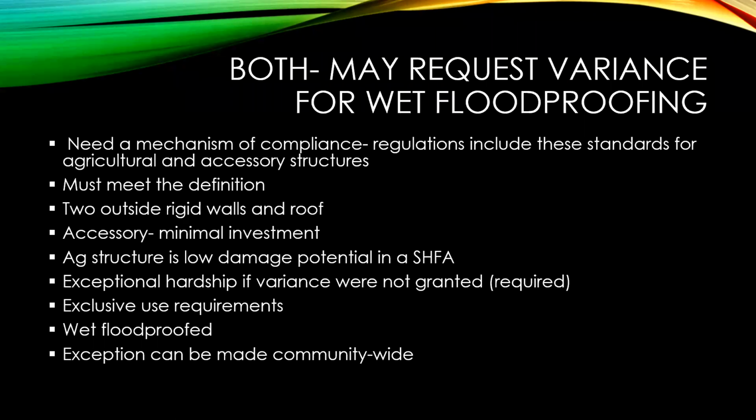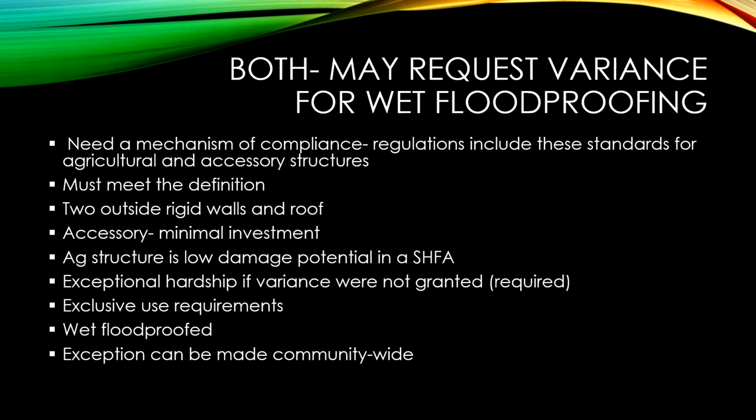And so a little bit more on how to request a variance for wet floodproofing. The policy also talks about how to do it without a variance, but it goes into meeting the definition, the use requirements, walls and roofs, the minimal investment for accessory structures, which is 600 square feet, and the low damage potential as opposed to the high damage potential ag structures.